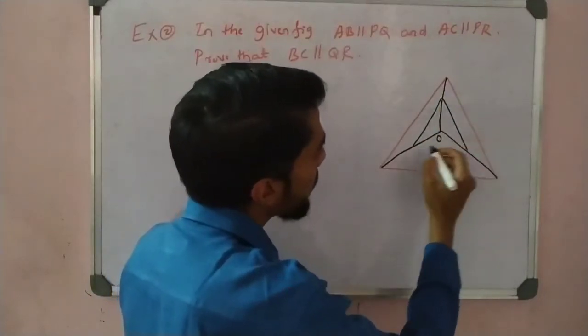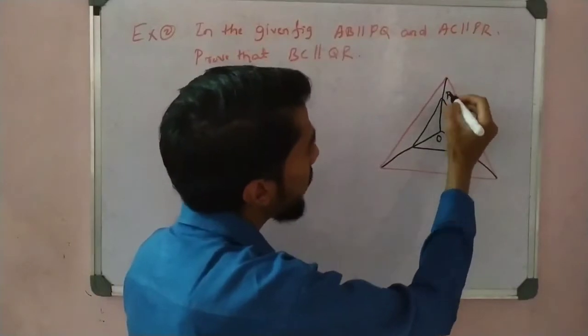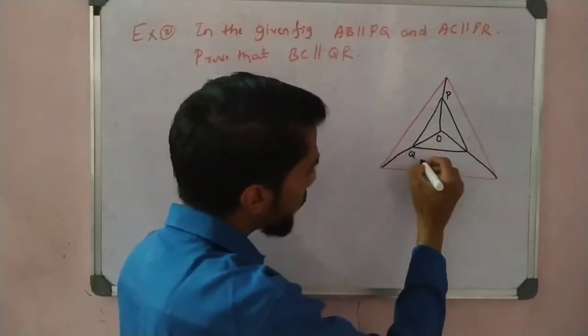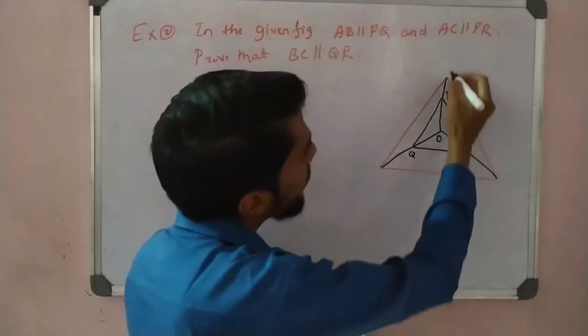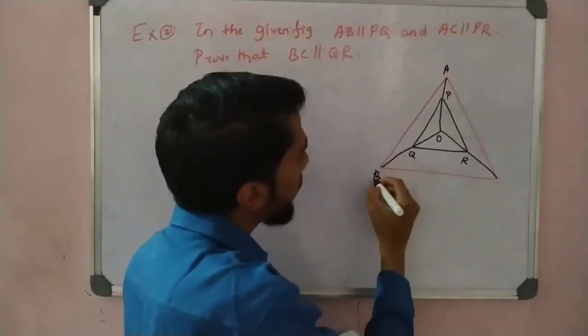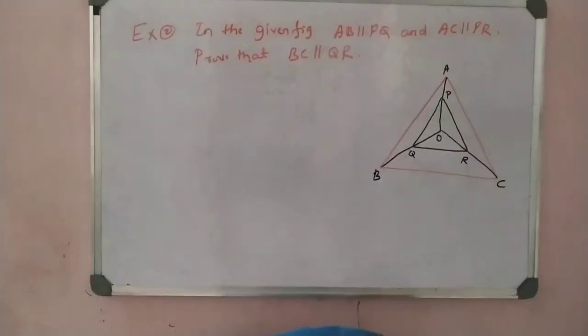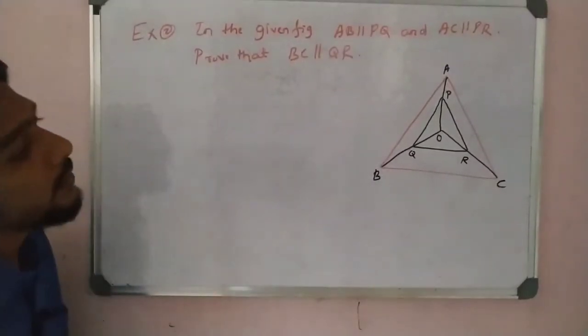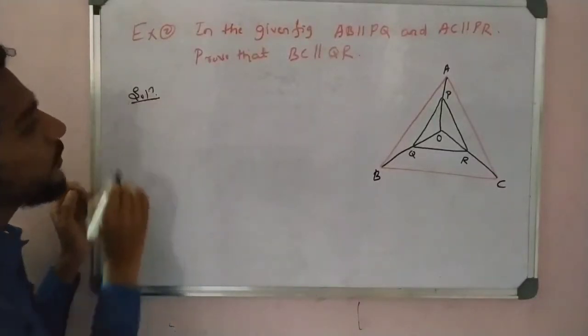Now this point is P, this is Q, this is R, and these are A, B and C. The diagram may look confusing, but it is very simple.